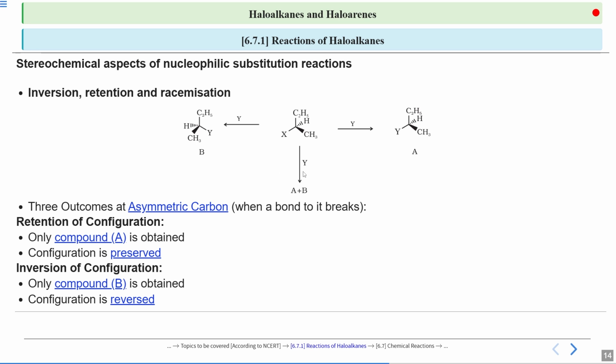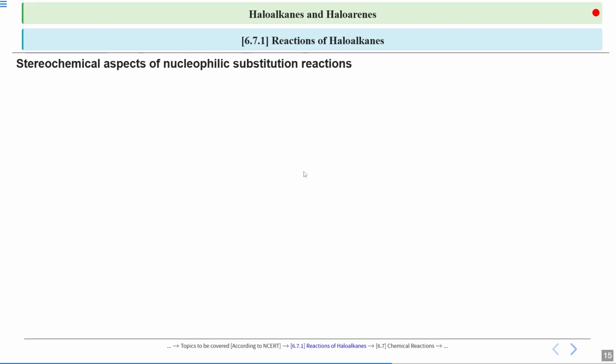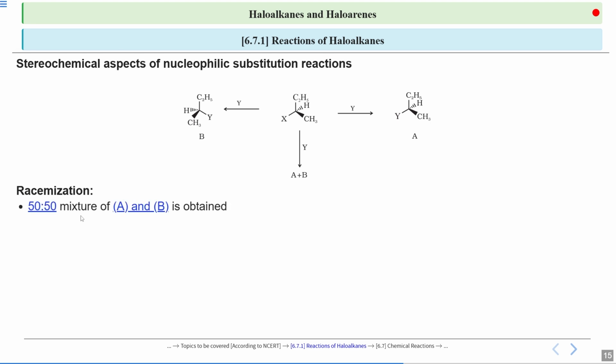Now we talk about the third outcome. For the third outcome, racemization is happening, where a 50:50 mixture of A and B is obtained. That means inversion and preservation of the configuration, both kinds of products, are obtained in the ratio 50:50. So the product is optically inactive.